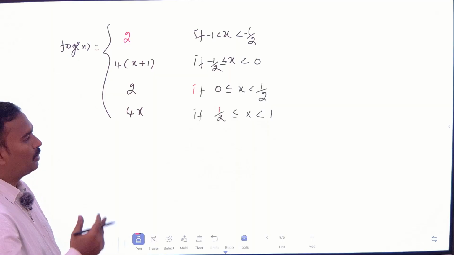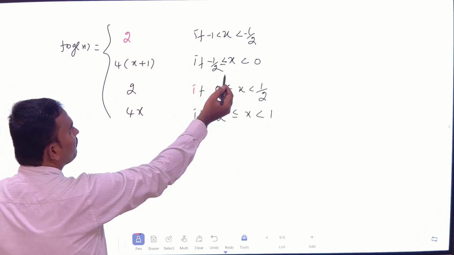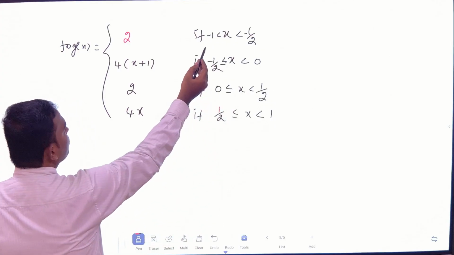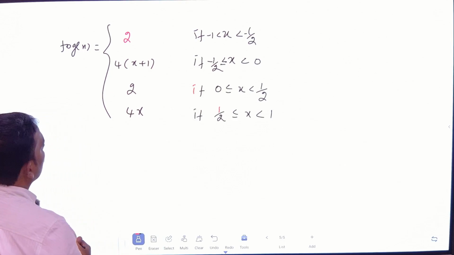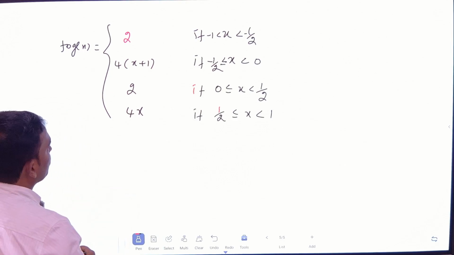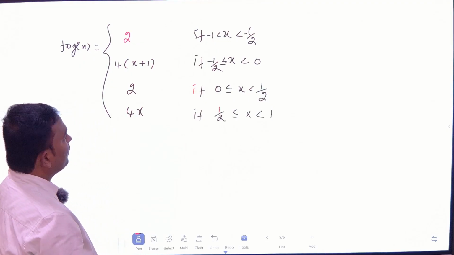So how to check this quickly? f composition g, you have to check it at minus 1 or not. Not possible because the left limit is there, the right limit is not there.